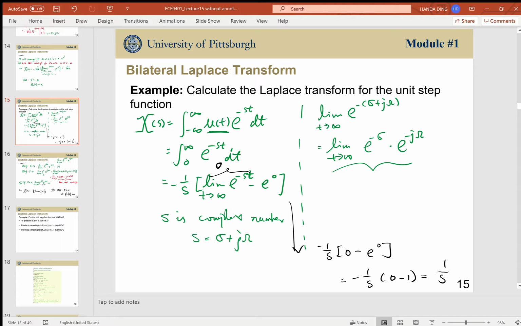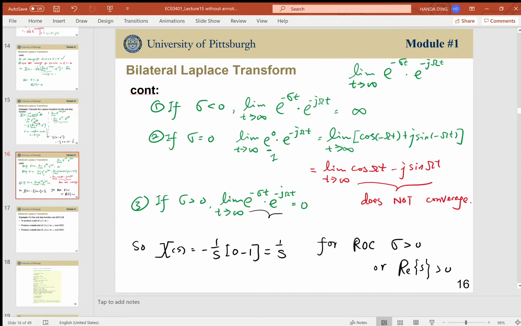Will there always be an ROC such that that limit will go to 0? For the ROC, sigma is bigger than 0. You have to specify that, because when sigma is less than 0, it's not going to converge, right? It becomes infinite.